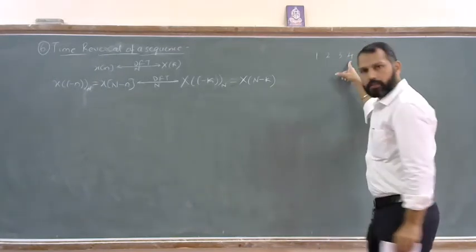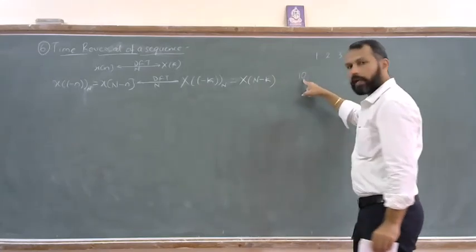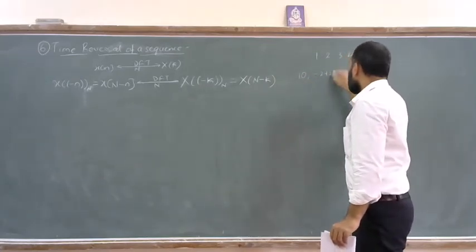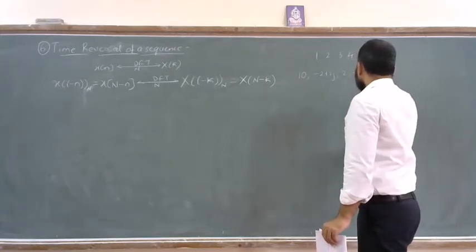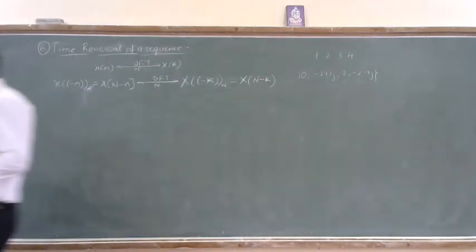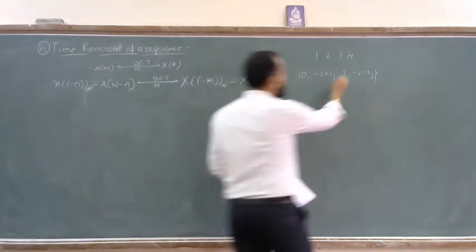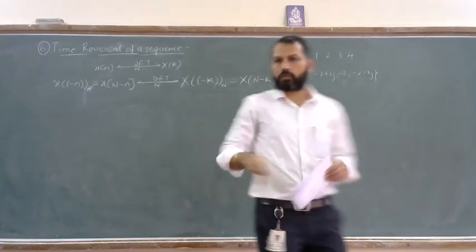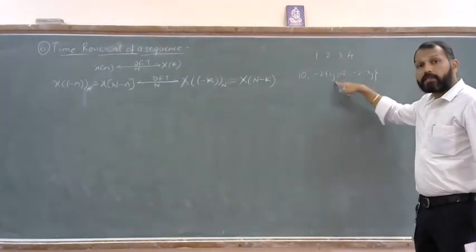You obtained the 4-point DFT of it, which was 10, minus 2 plus 2j, minus 2, minus 2 minus 2j. Now this is x of n and this is its DFT.